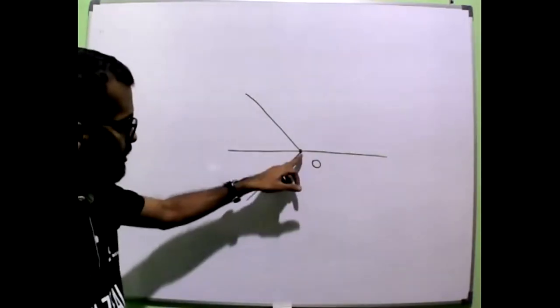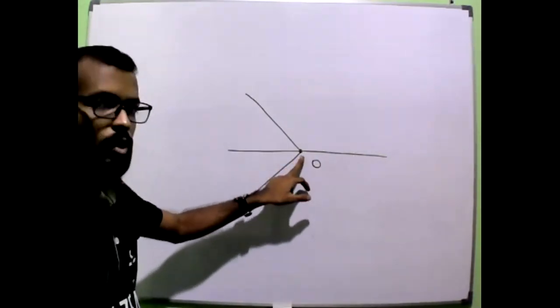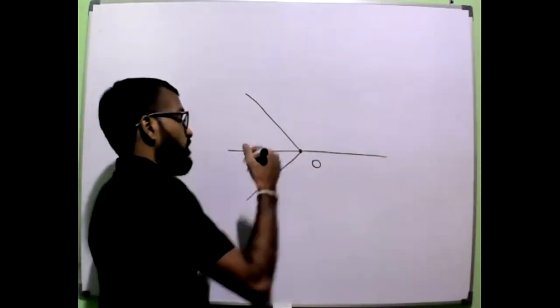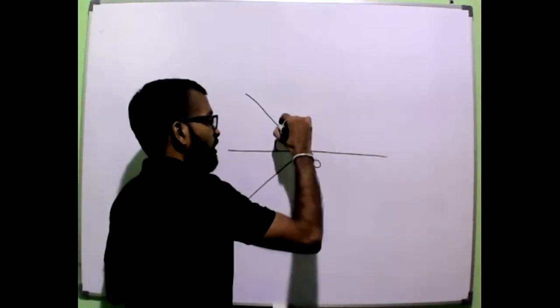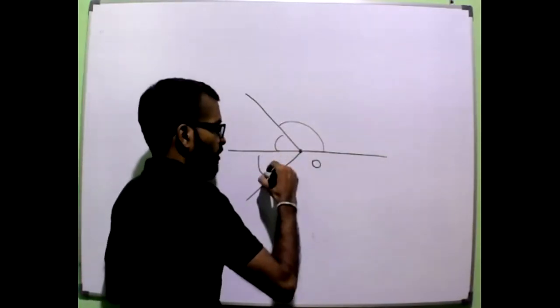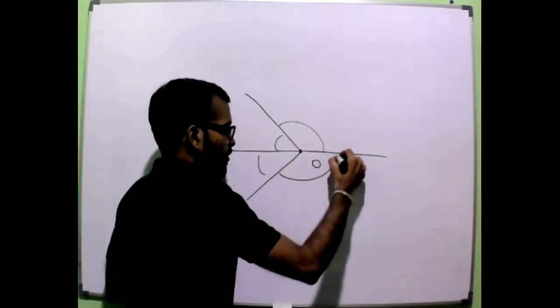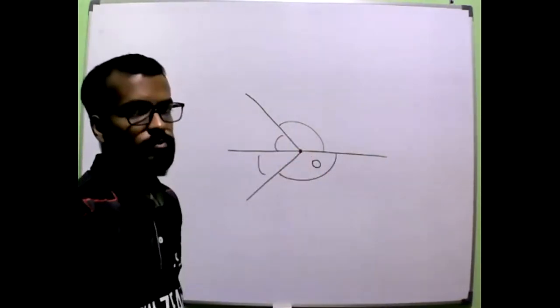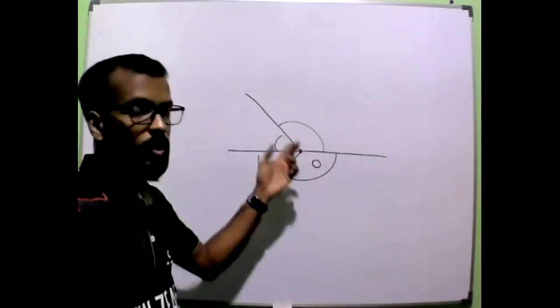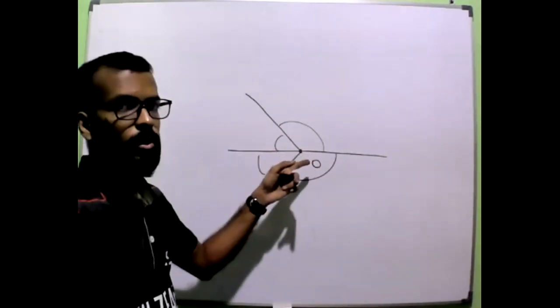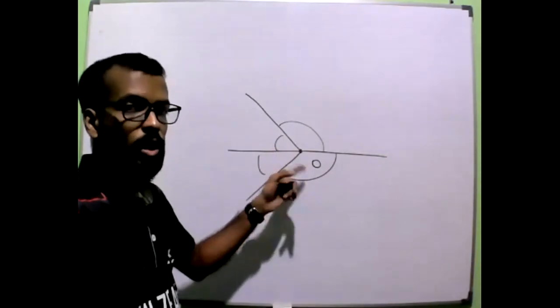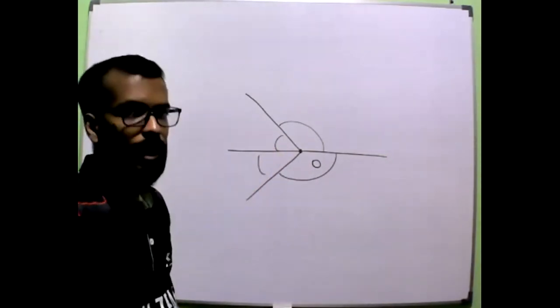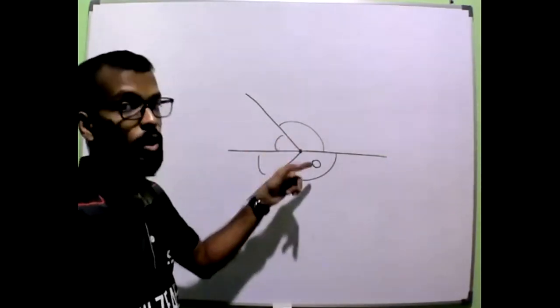So here, this is my point O. Now there are different angles around this point, right? There are different angles around this point. Now we are going to talk about these angles around a point.